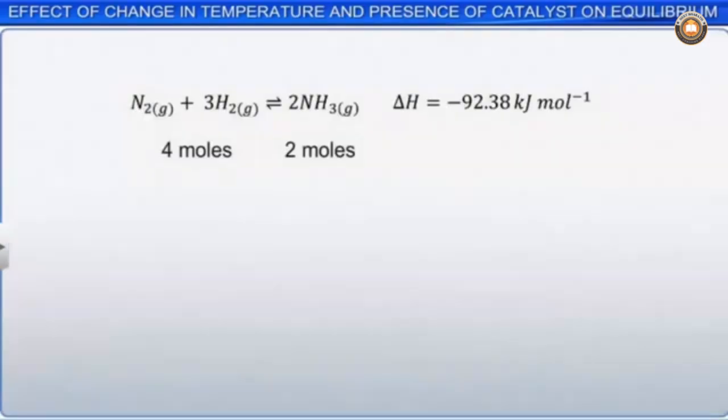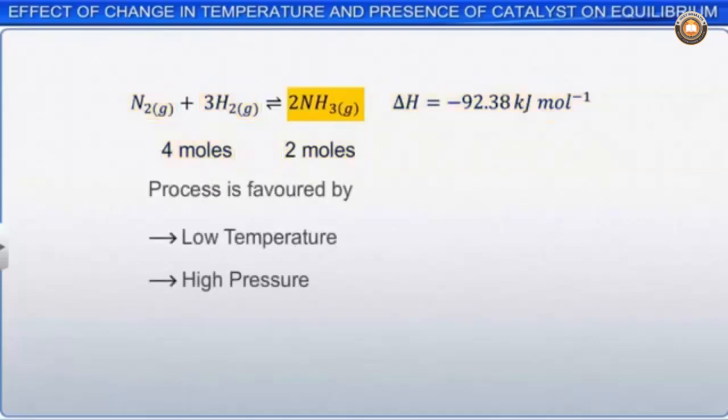To understand the effect of a catalyst, consider the gas phase reaction of the formation of ammonia from hydrogen and nitrogen. The formation of ammonia is an exothermic reaction and proceeds with a decrease in the number of moles.